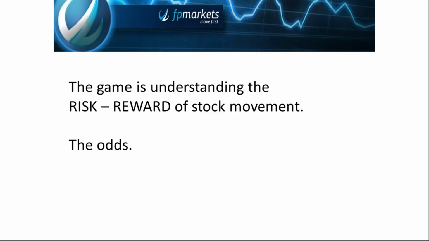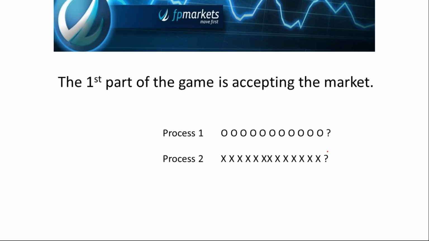So the game is understanding the risk and reward of stock movement along the way. In this example here, and I've used this a number of times this year as well, there are two processes going on. One process produces zeros, the other process produces X's.